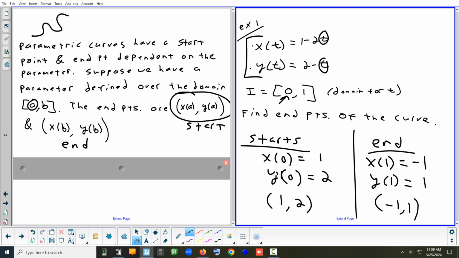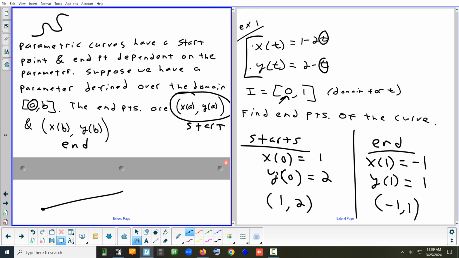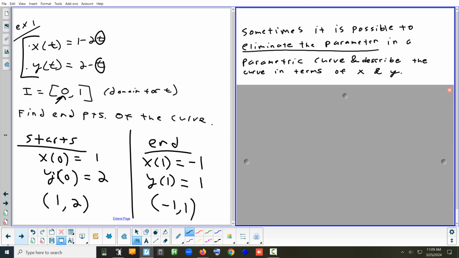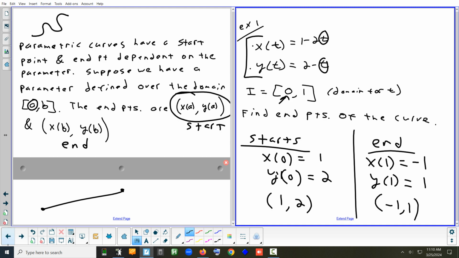And unless you're watching it as it draws, if I put this graph on the screen, you can't tell me which one is the start and which one is the end just by looking at a picture. You'd have to actually watch it be drawn or figure out where it starts and ends. All right, let's try typing this in.